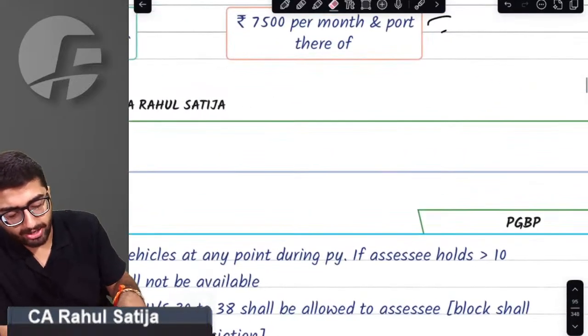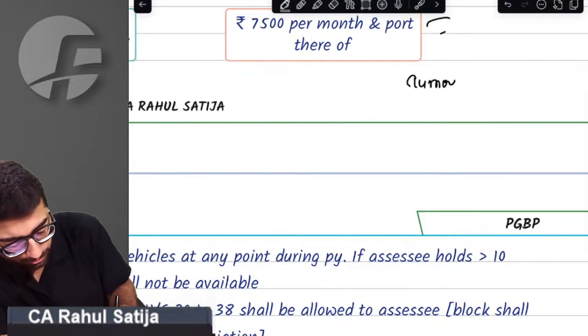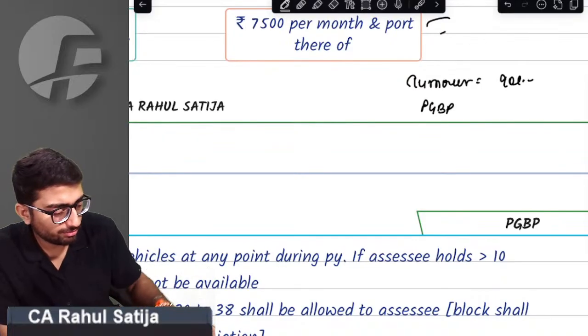Also, sir, for example, we have turnover of 90 lakh, PGBP declaring 8% of it.